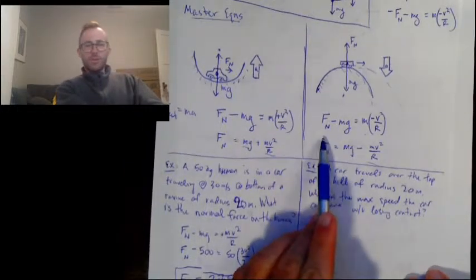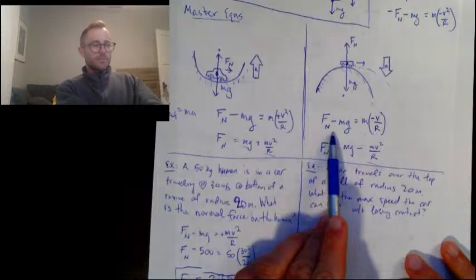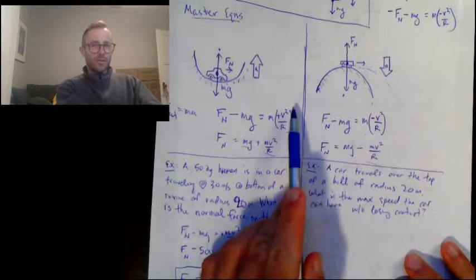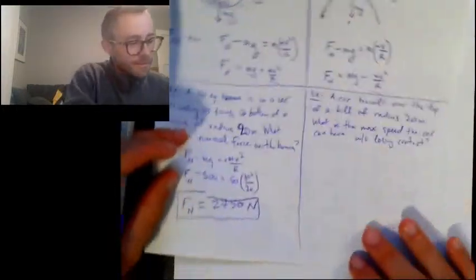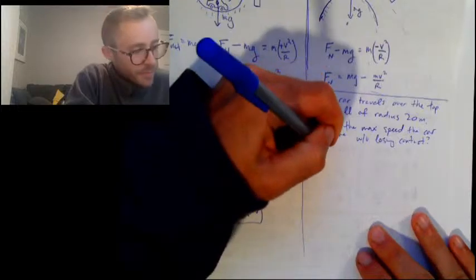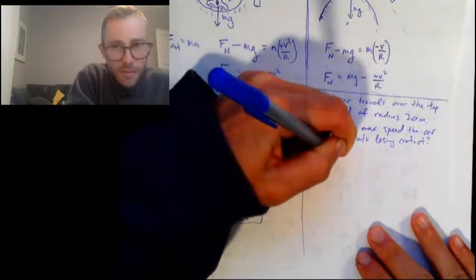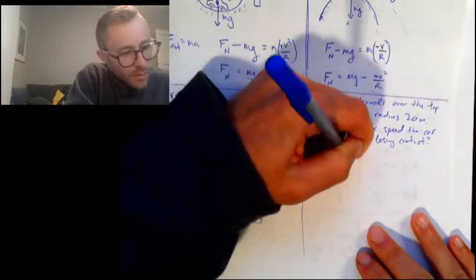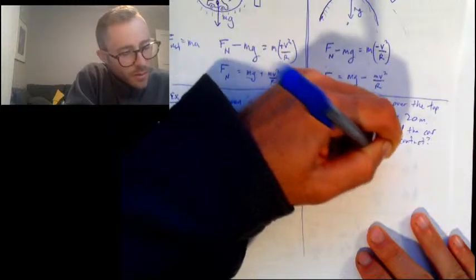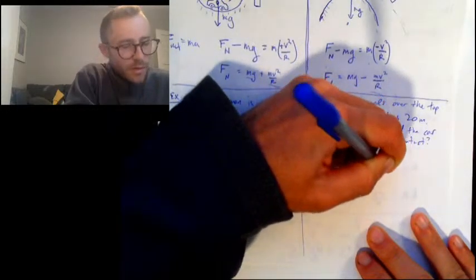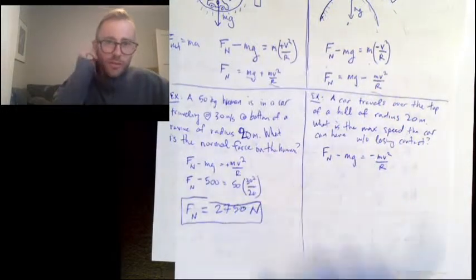Because we're going over the top of a hill, we're going to use this master equation right here. So I move the minus sign to the front.